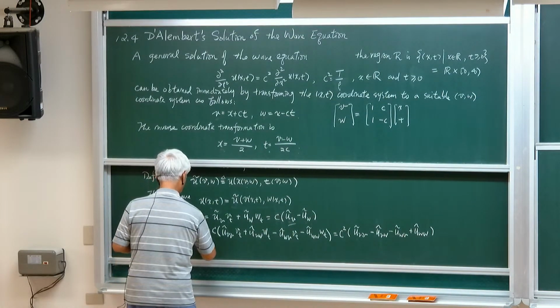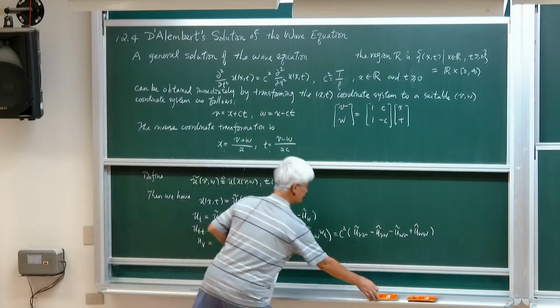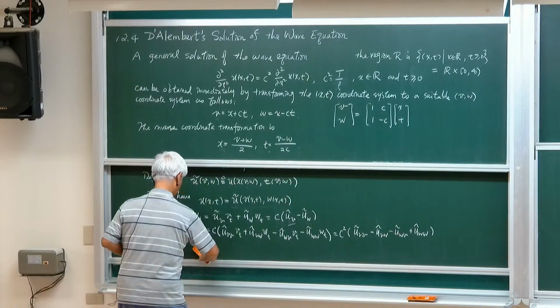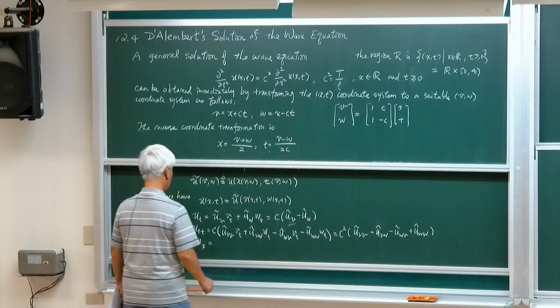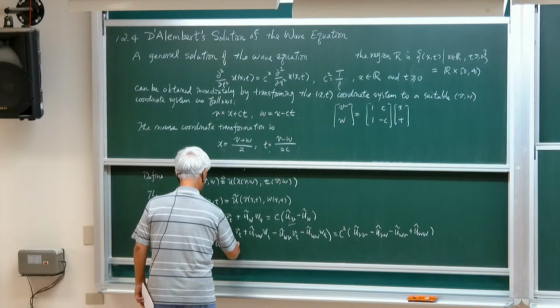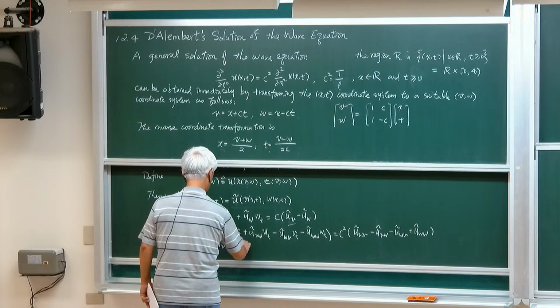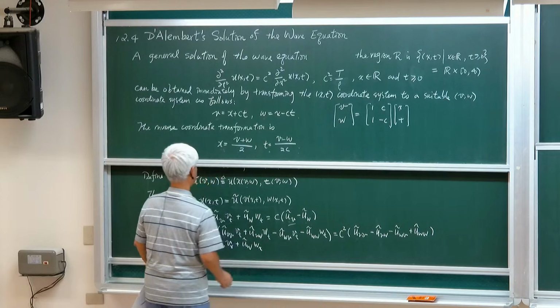Now ux here. So ux, you have u tilde V times Vx plus u tilde W times Wx.